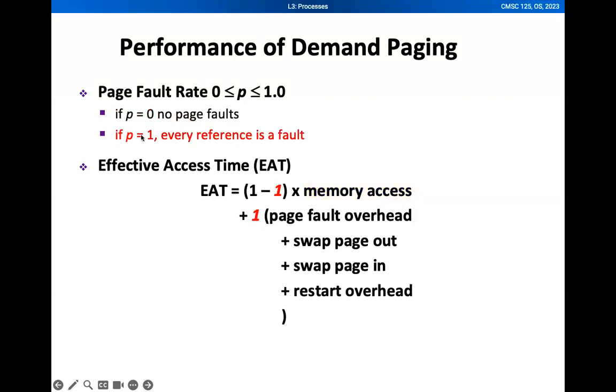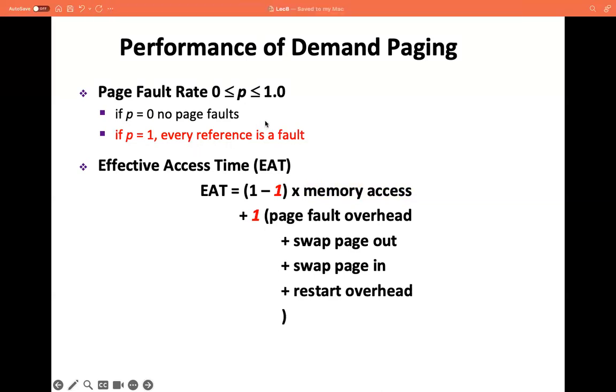And if P is equal to 1, that means that every reference that we make is a page fault. If we substitute that into the equation, that would be (1 minus 1) times memory access plus 1 times all these terms. So we are not able to get the memory access since the page is not in the main memory.